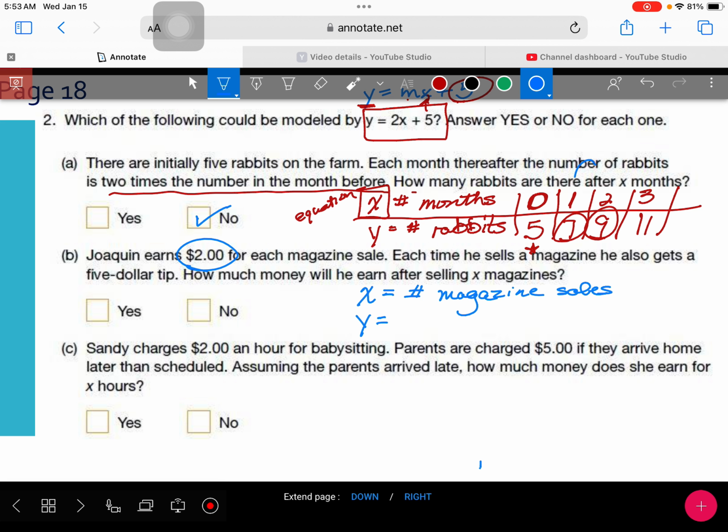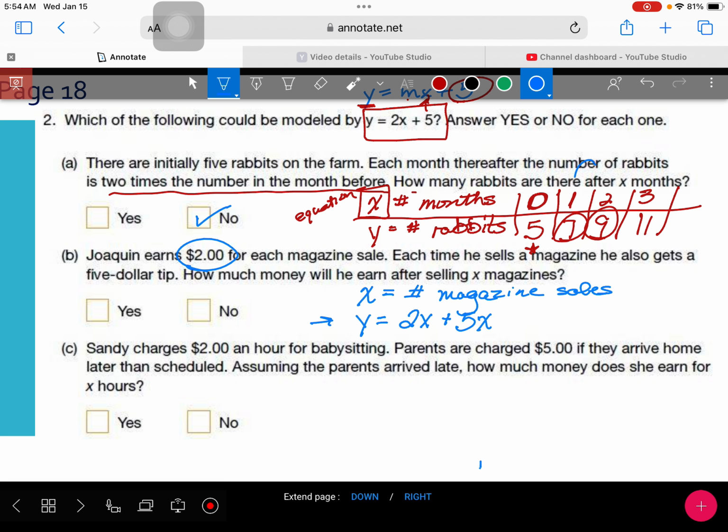So in that case, Y, what we're talking about here, he gets $2 for each magazine sale, and it says he also gets a $5 tip for each magazine sale. So that would be plus $5 for every number of sales.